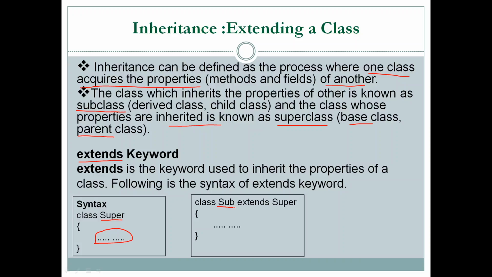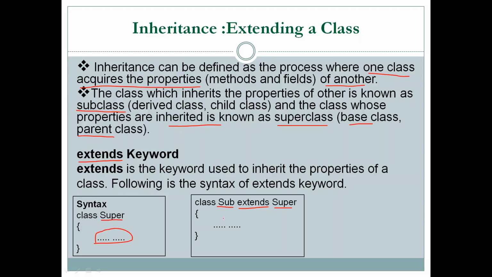So this is the name of a class, and we want this subclass to inherit the properties of superclass, and for that we have to use the keyword extends. So subclass extends super, where super is the class name which we are inheriting. So extends is followed by the name of the class which you want to inherit. Here in this example we want to inherit the properties of the super class. The name is super, so we have used super here.